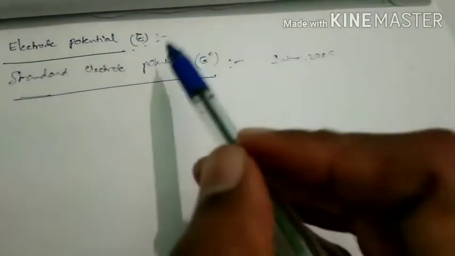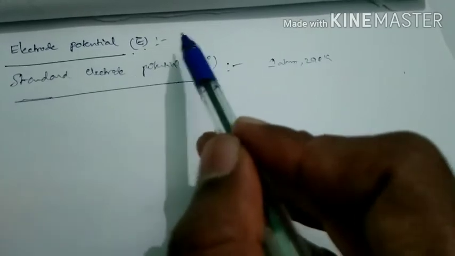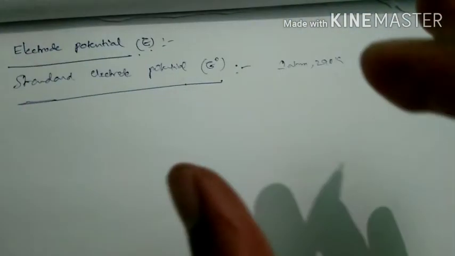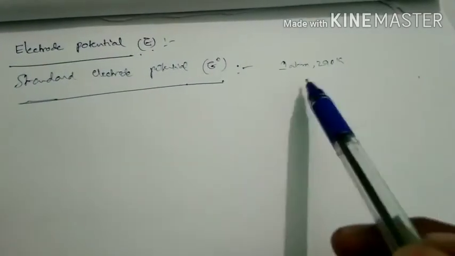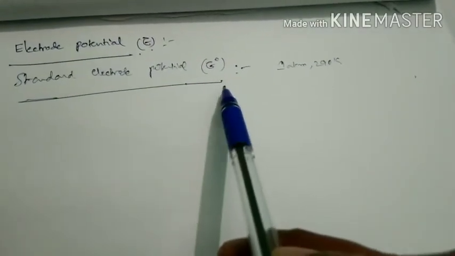So electrode potential means that when a metal rod is dipped in its own solution, the metal exhibits some potential. If the same metal exhibits potential at these conditions, that is the standard electrode potential.